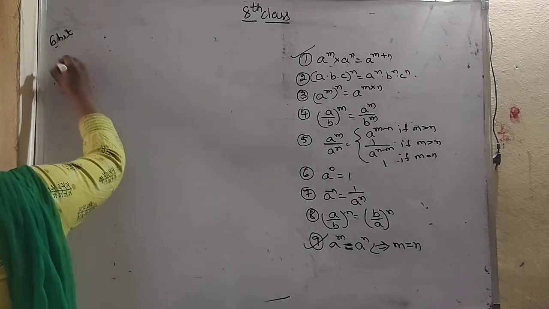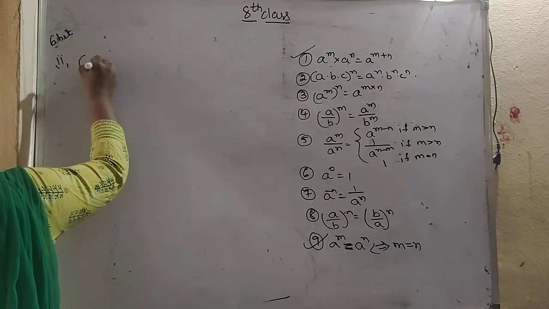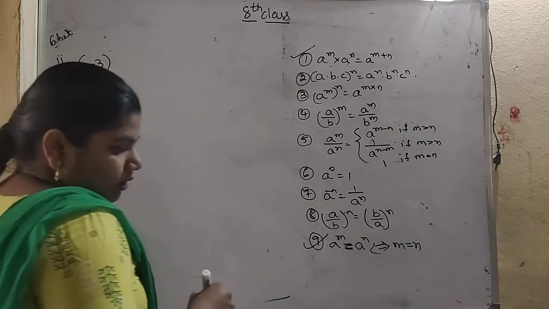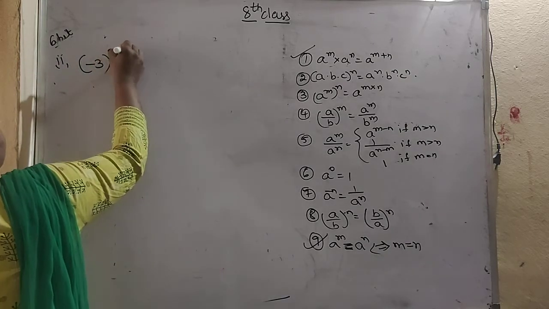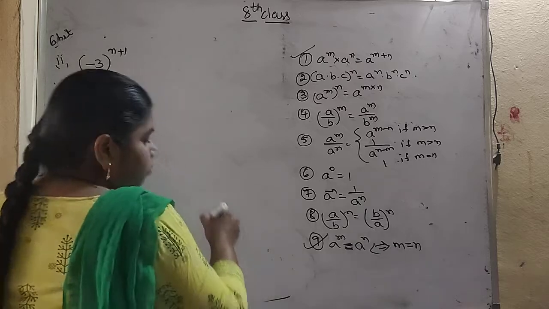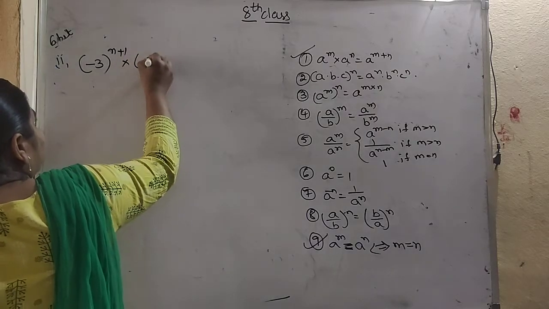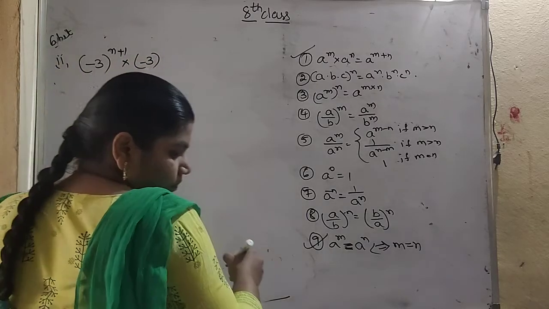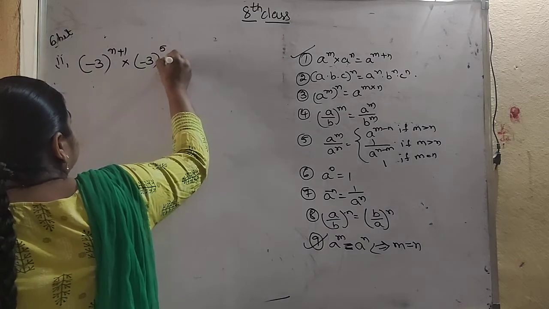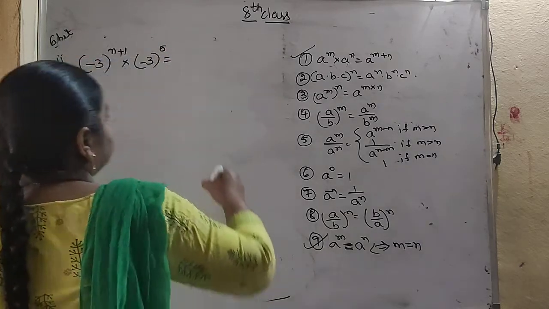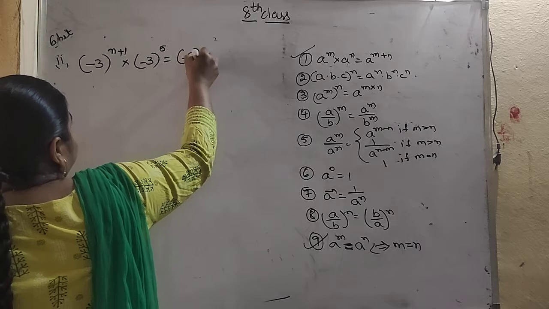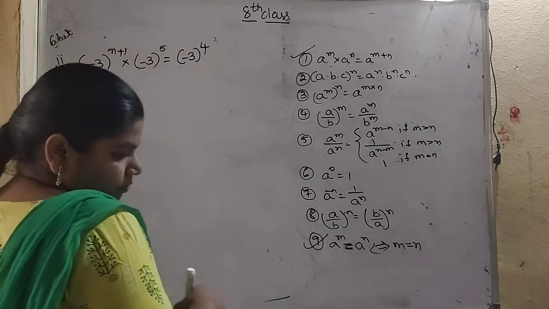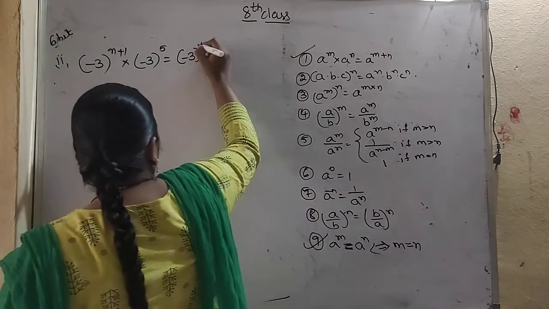Second one, minus 3 whole power n plus 1 into minus 3 whole power 5 is equals to minus 3 whole power 4. That is minus 4. Sorry, minus 4.